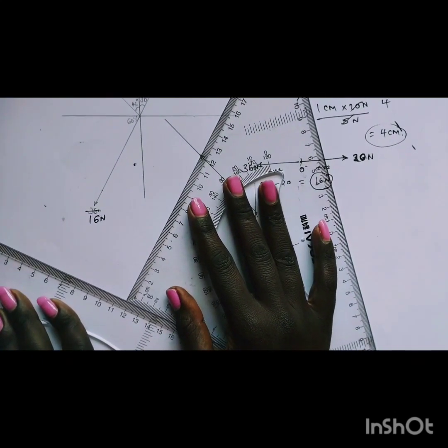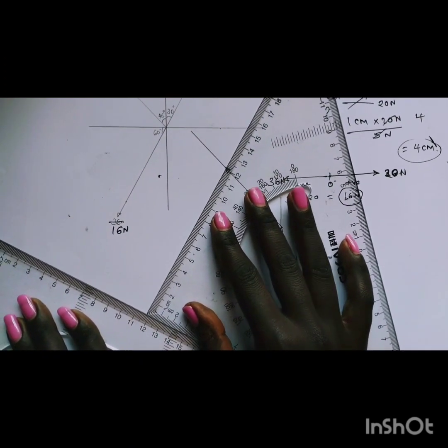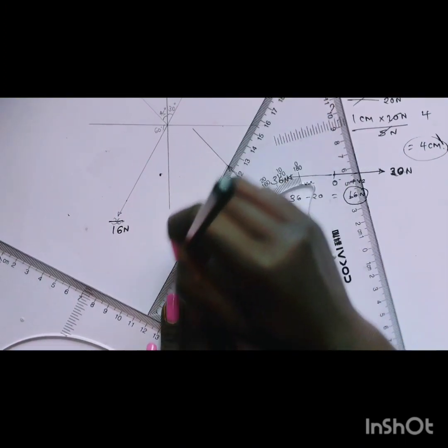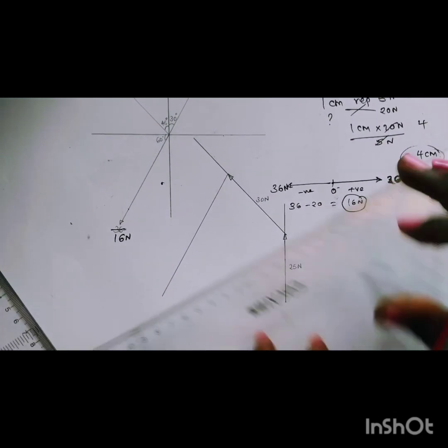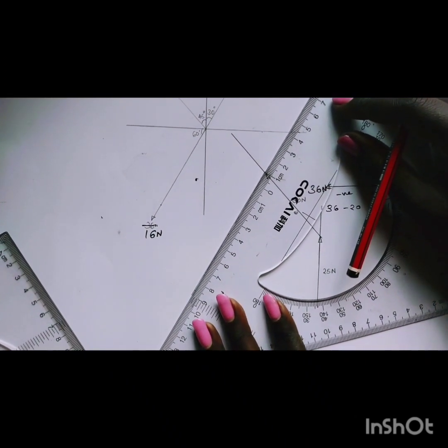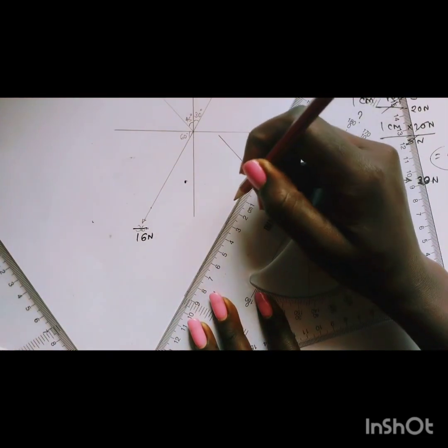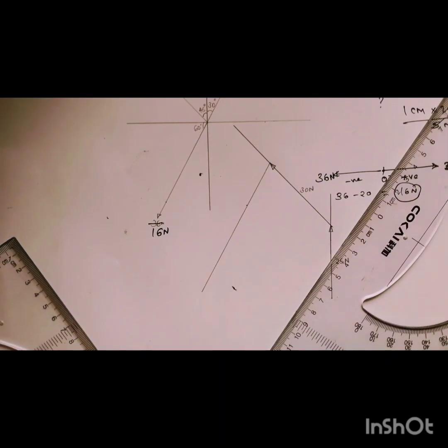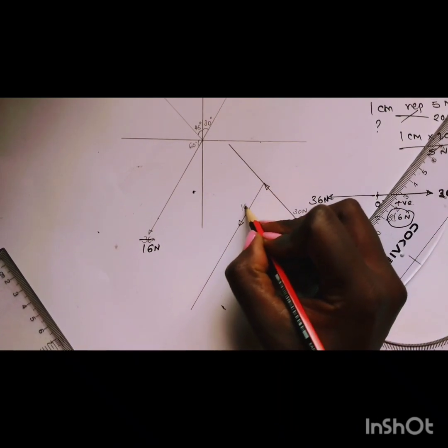Slide that. That is it. Then we can go ahead now and draw. So we're measuring 3.2. So 1, 2, 3.2. So this becomes the nose of my last vector, or that force of 16 newtons.